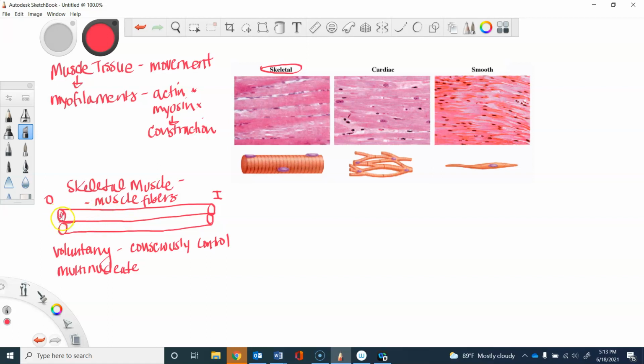And they're so full of them, I'll kind of fill them in here, that it pushes the nuclei to the periphery. So it pushes them to sort of the outside of the cell. I mean, it's not outside of the cell, it just pushes them out towards the plasma membrane. So you can see that here.